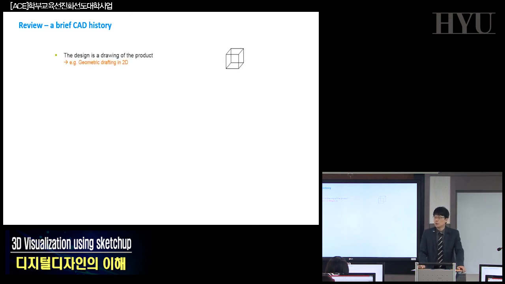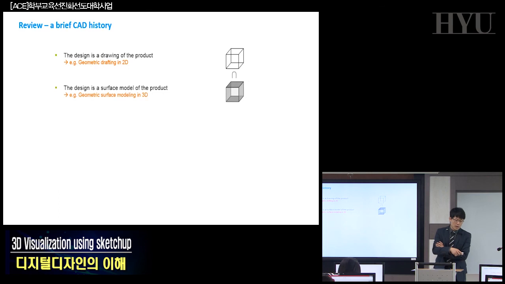When we believed 2D drafting is a design itself, 2D drafting was enough for representing a specific design, a specific object, even building design, mostly using floor plans. But surface-based 3D model mechanisms and techniques were invented by some engineers and scientists, and now we use this kind of 3D surface-based model.